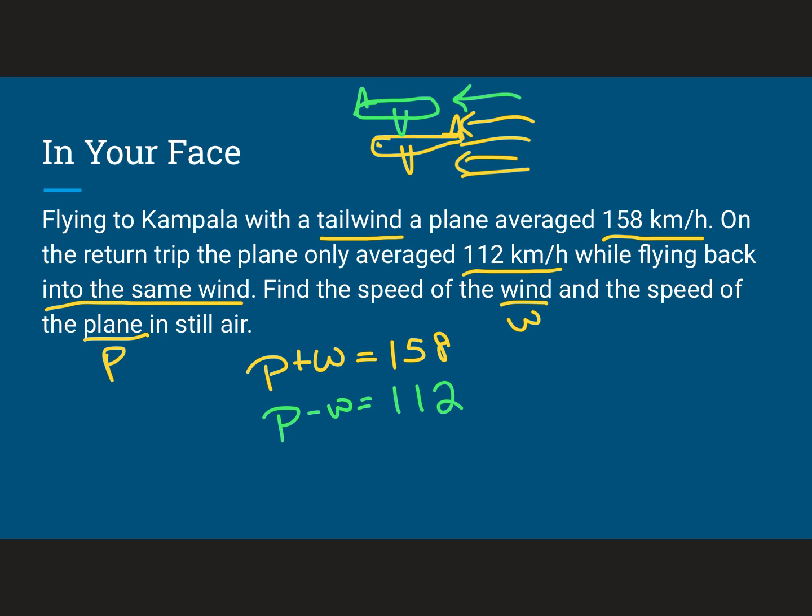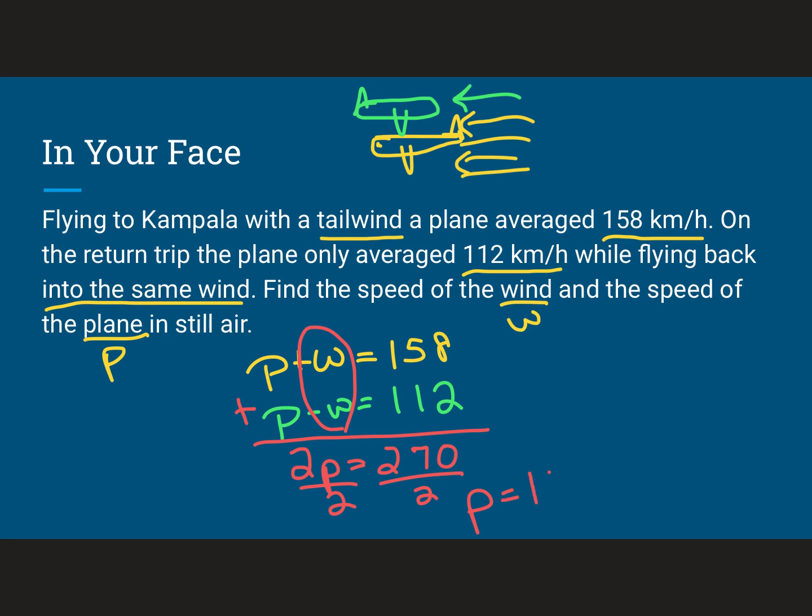Okay, so if we add these, I can see that the W's are going to cancel. So I'm left with 2P equals, when I add these up, I get 270. Divide both of them by 2. And I get P equals 135.